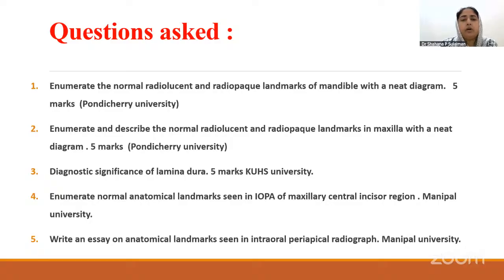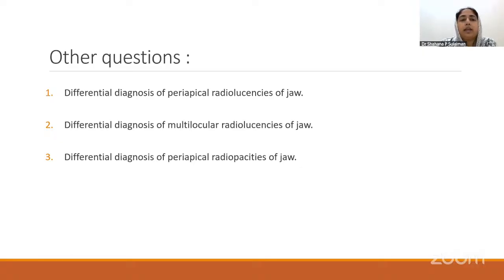Now there are also a few other questions where you can add this as a part of your answer. It is like when questions ask for the differential diagnosis of periapical radiolucencies of the jaw, or multilocular radiolucencies of the jaw, or any periapical radiopacity of the jaw. If such questions come, how will you answer this?